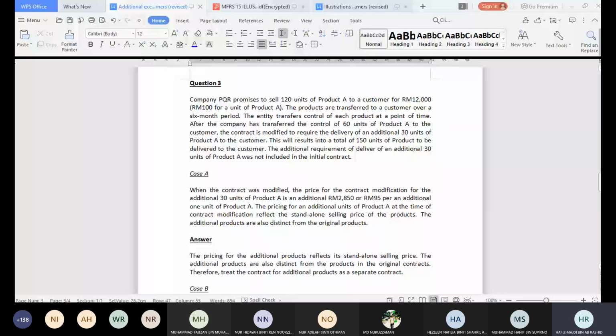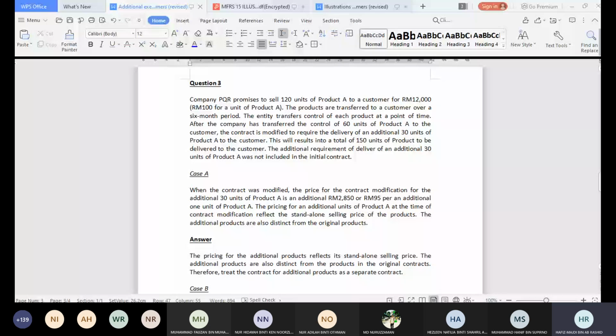In case A, it was stated that when the contract was modified, the price for the additional 30 units of product A is 95 ringgit per additional unit. So it's different: it's 95 ringgit, not 100 ringgit. This 95 ringgit reflects a stand-alone price. It has nothing to do with the initial price of 100 ringgit in the initial contract of 120 units.